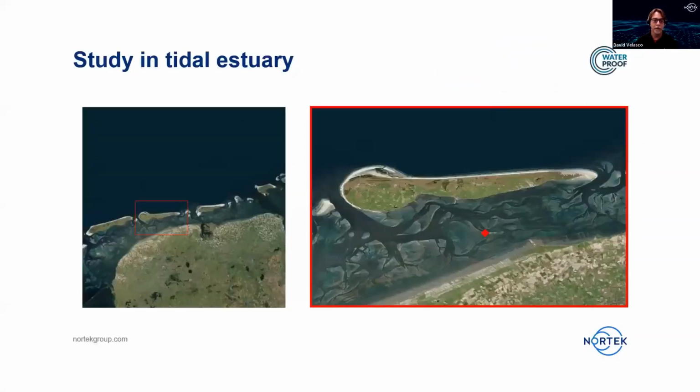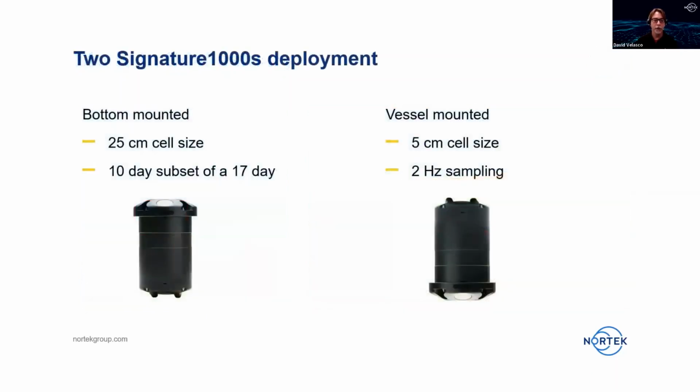Now, the final example that I wanted to give is a study that our colleagues in our Dutch office have done. This happens to be the coast of the Netherlands. We're talking about some data that was collected in this little passage right here, where that red dot is. This is about a 17-day deployment.